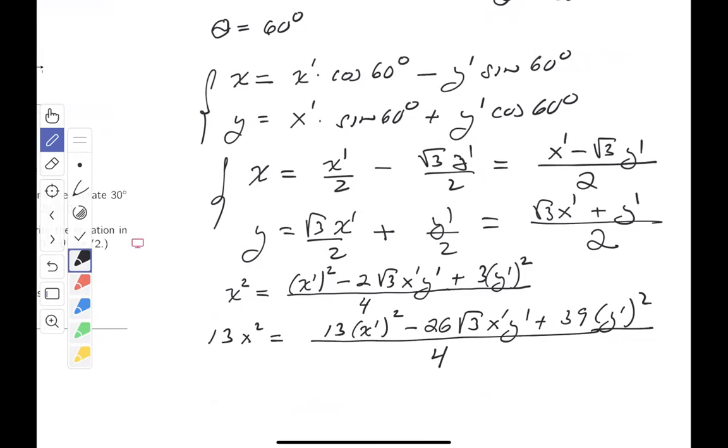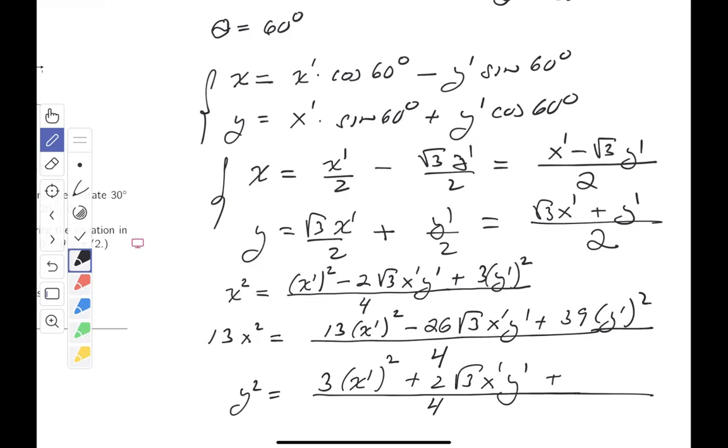Right, I'm going to put down y squared now. And what's y squared going to be? Well, 4 on the bottom, 3 x prime squared plus 2 root 3 x prime y prime plus y prime squared.